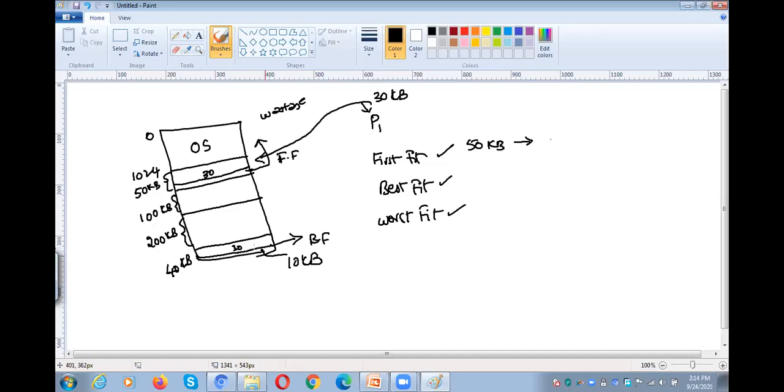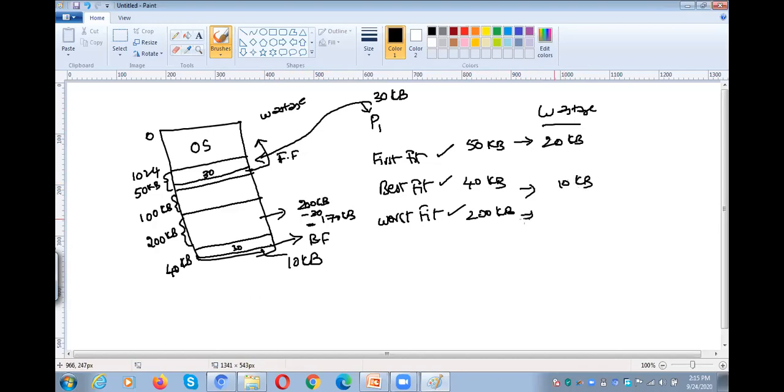The worst fit chooses 200 KB, so the wastage is 200 minus 30, which is 170 KB. So first fit chooses the 50 KB partition, best fit chooses the 40 KB partition, and worst fit chooses the 200 KB partition. The wastage is 20 KB for first fit, 10 KB for best fit, and 170 KB for worst fit.